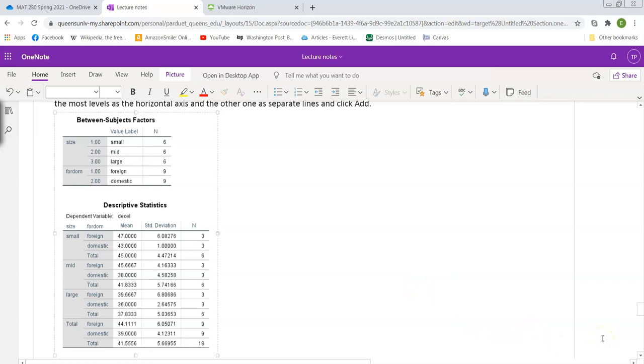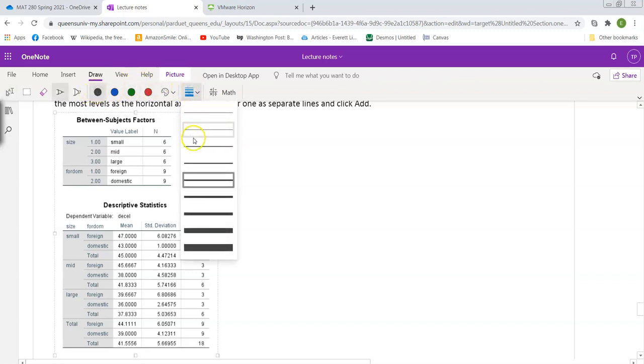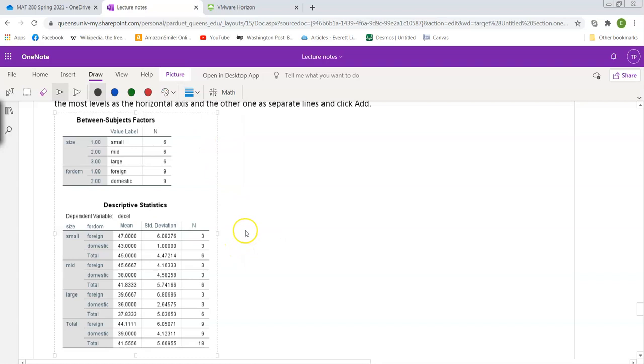Descriptive statistics can be very informative. We get to see each combination, but you also get to see the totals. So you can see that for small cars, their total mean was 45.